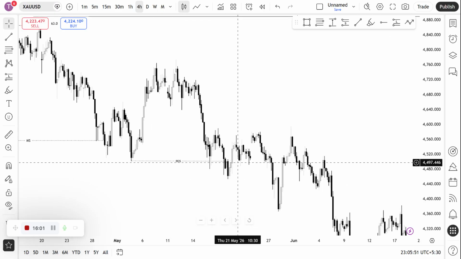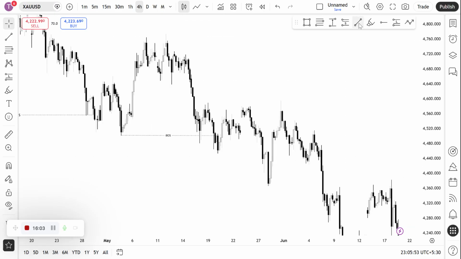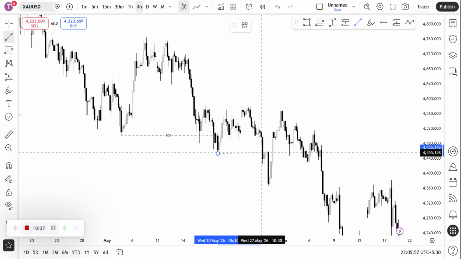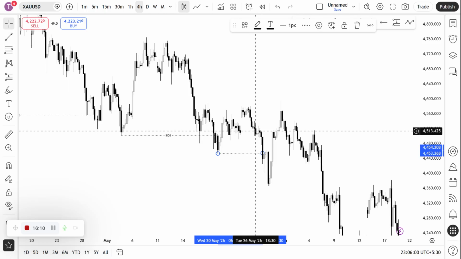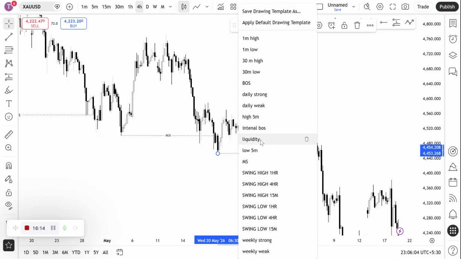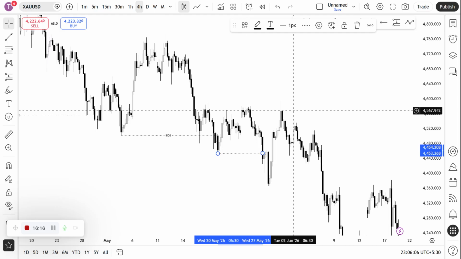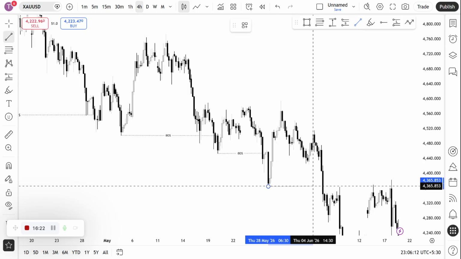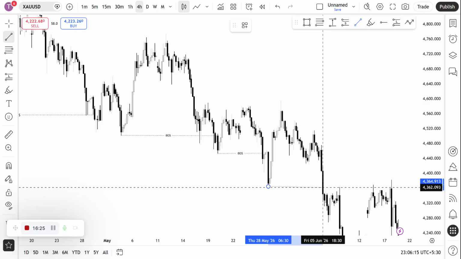Then what happened? I'm continuing marking my internal market structure. Simple. So this is a break of structure. I'm trying by all means to go slow just because I want you to understand. This is a break of structure. Simple. So this is the internal break of structure, and then this is the internal break of structure.